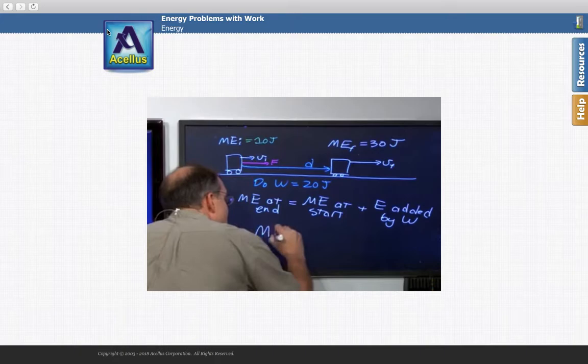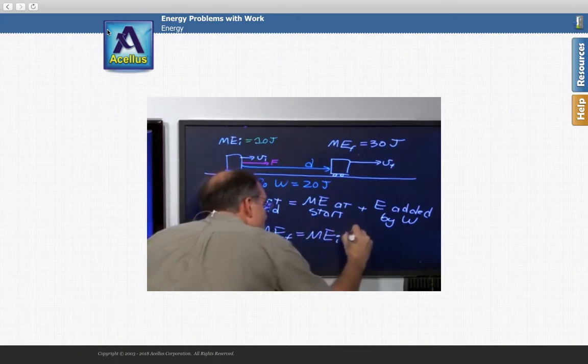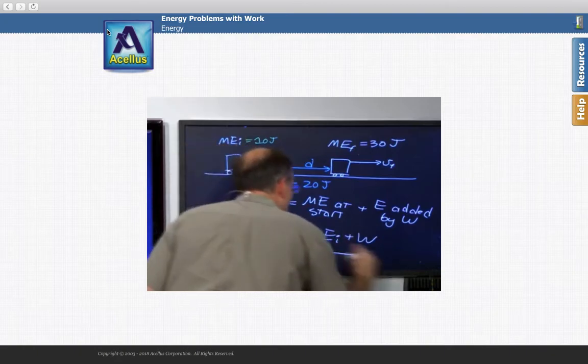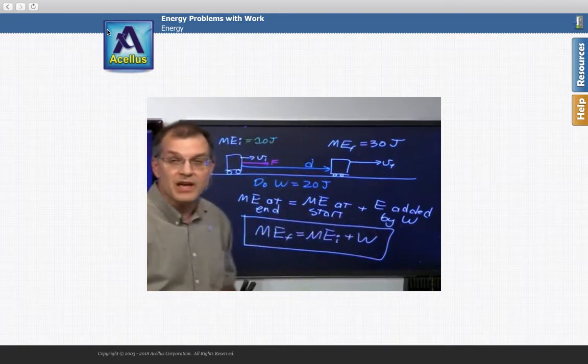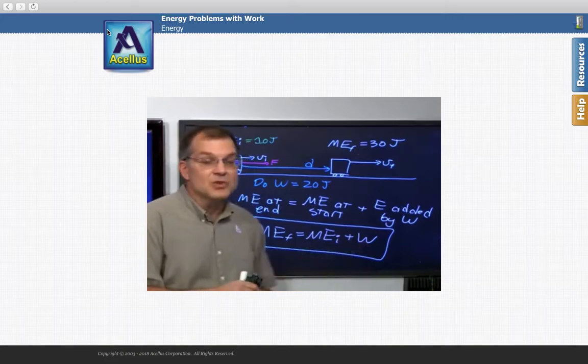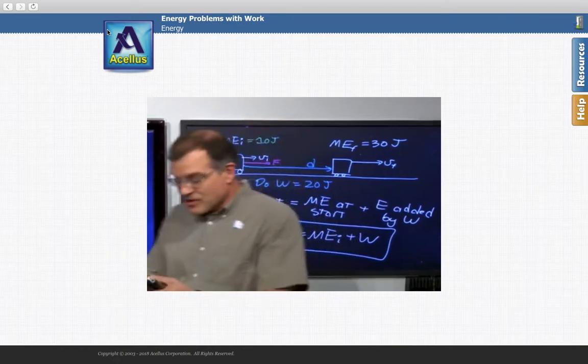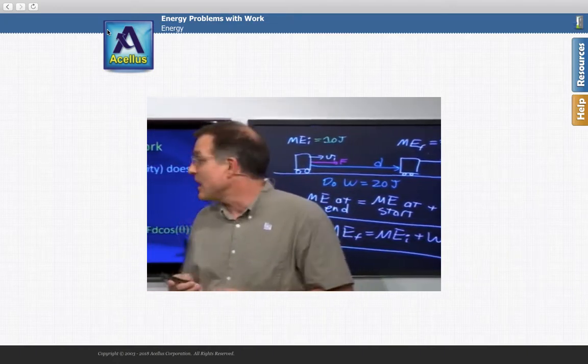In other words, the mechanical energy at the end is the mechanical energy at the start plus any additional work that's added along the way. So it's just like what we've been doing, except we're going to add some additional work from an outside force. Here's how the math is going to work out.